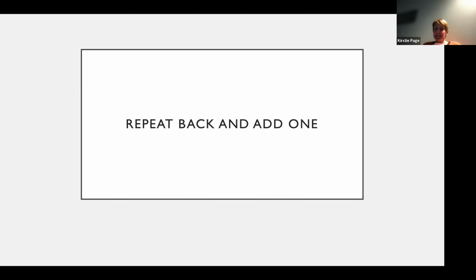And if my next step is to encourage the child to begin to have new vocabulary, but also to begin to link more words together, one of the most simple but one of the most effective interaction strategies is to repeat back and add one. Maybe different speech and language therapists might call it something slightly different, but really I mean where you take what the child has said, you accept what they've said, but you repeat it back, and you add another key piece of information on.